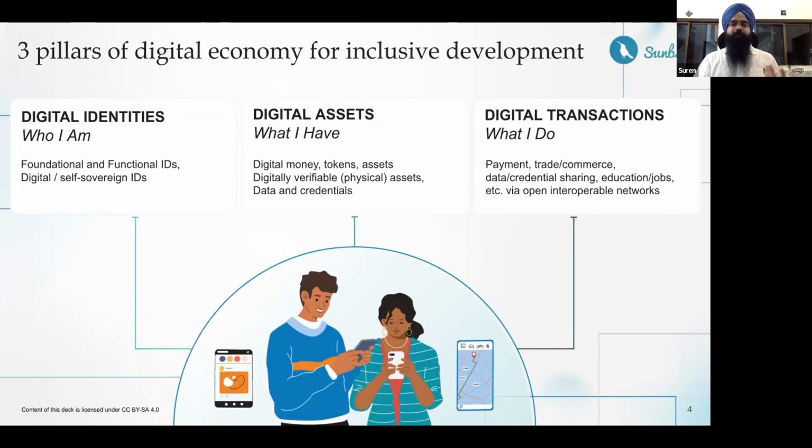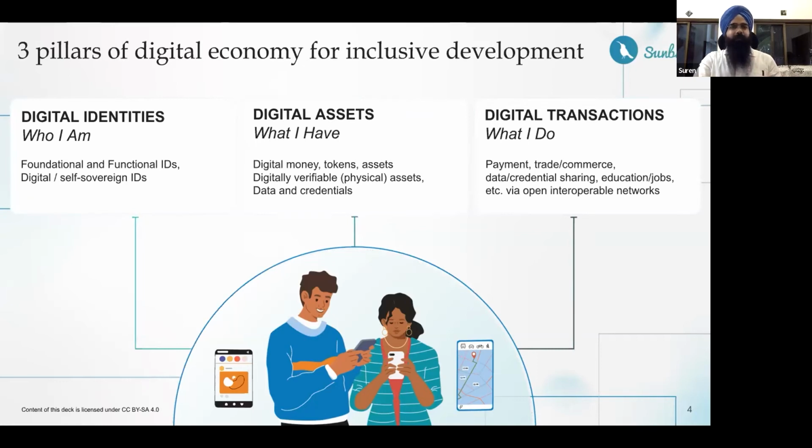When companies get, say, carbon credit certificates, which is an asset that they have, it gives them power to then avail the next set of benefits. So this way, these identities and assets form the foundation for any digital economy, and they allow you to participate in transactions. Let's take a few examples.